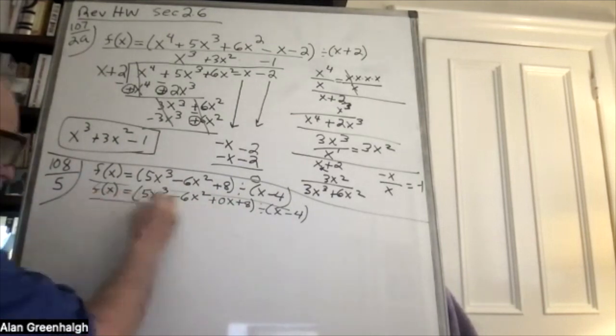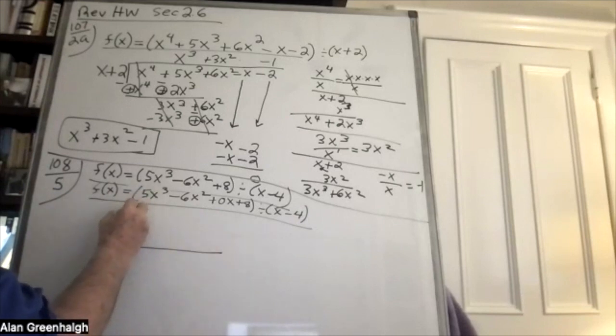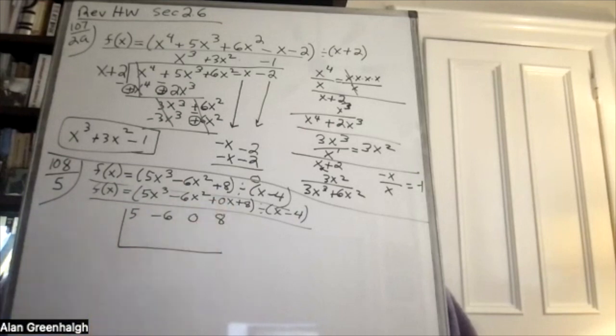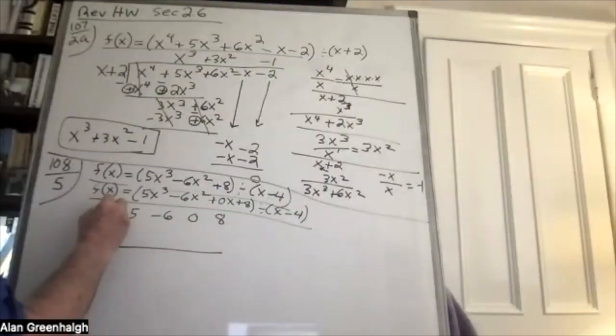Okay, now we're ready to use synthetic division. And we have 5, -6, 0, and 8. Then you take the opposite of -4, and that goes over there. And here's the process of synthetic division.